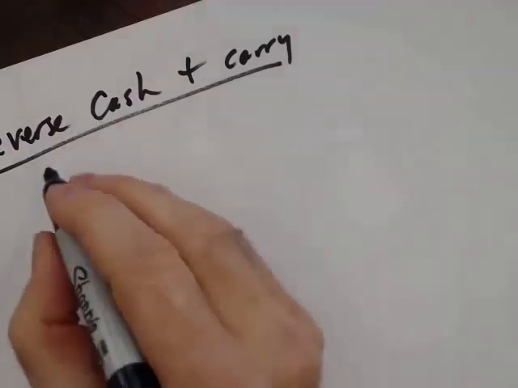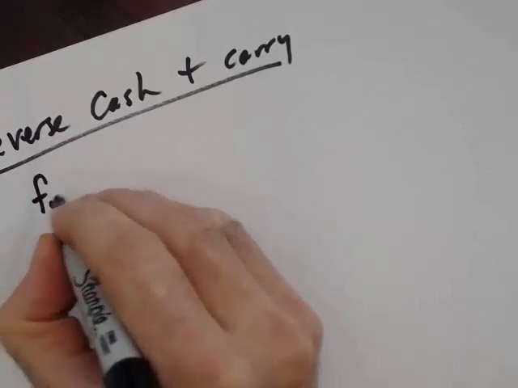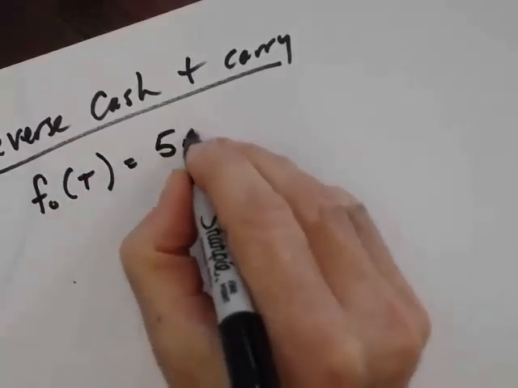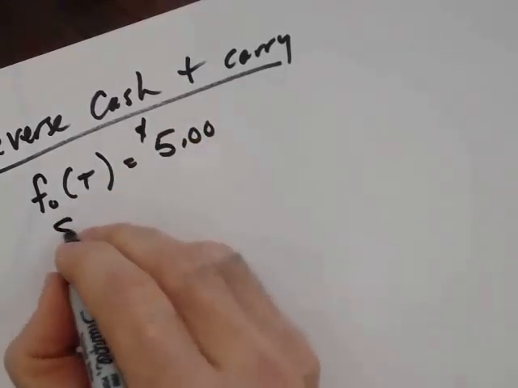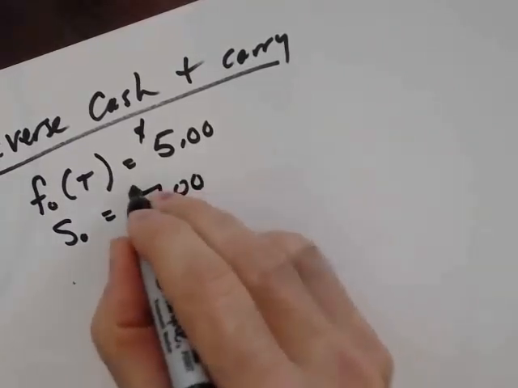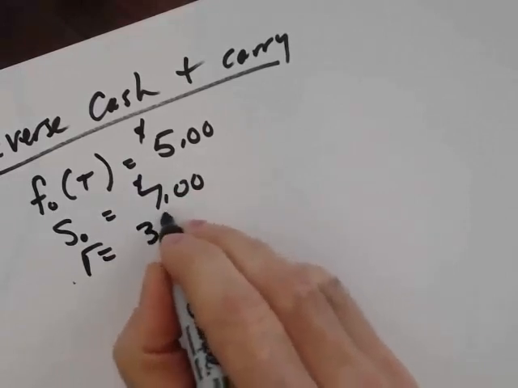The best way to cover reverse cash and carry is through an example. Let's say the futures price of corn for 1 year delivery is $5 a bushel, and the spot price of corn right now is $7 a bushel. The repo rate or the T-bill rate is 3%.